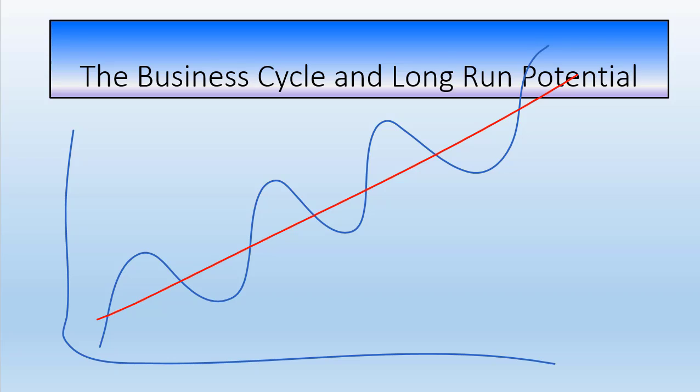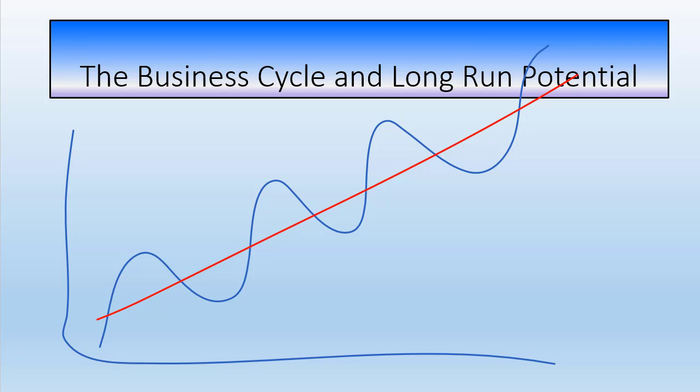Now, what we're talking about with fiscal and monetary policy is, for example, can the federal government increase its spending when we're in a recession to bring us back to that red line faster than what would normally happen in the economy? Before we go into that, let's back up a second and ask: what happened to the economy before the federal government got in the business of trying to straighten it out, and before the Federal Reserve, which came into play in 1913, also tried to manage the economy?